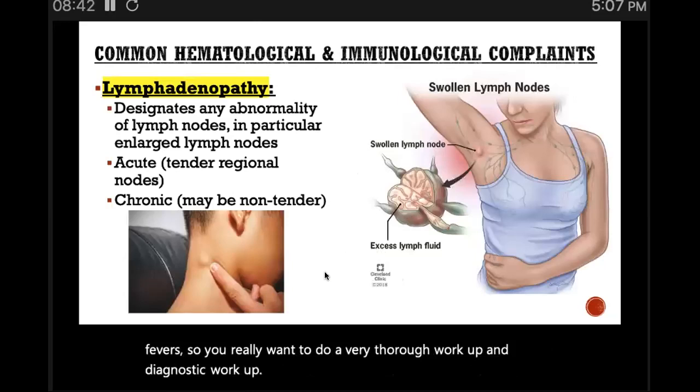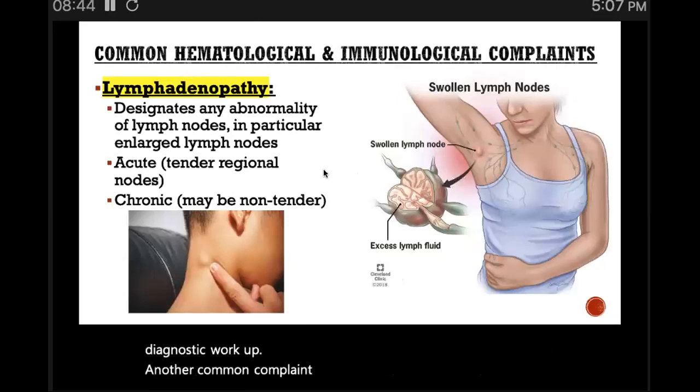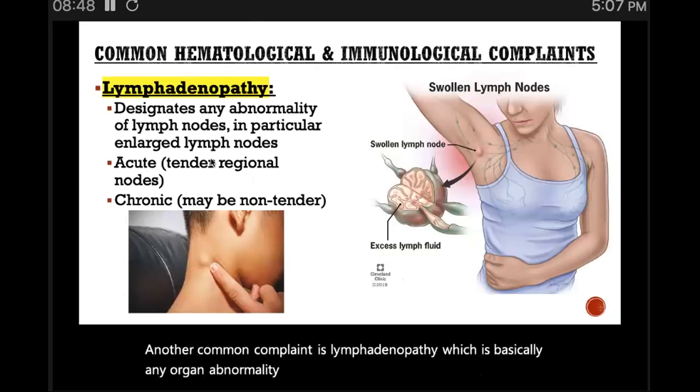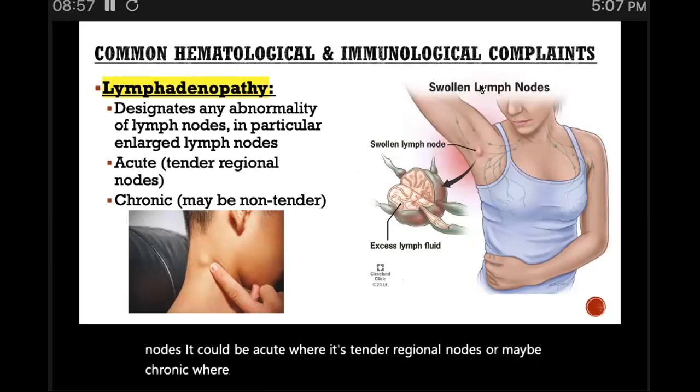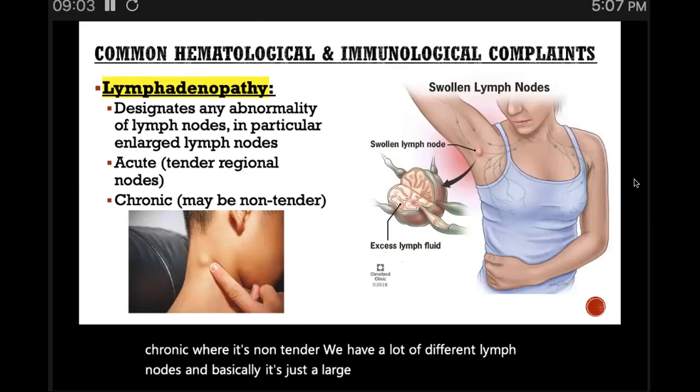Another common complaint is lymphadenopathy, which is basically any abnormality or swelling of any particular enlarged lymph nodes. It could be acute, where it's tender regional nodes, or maybe chronic, where it's non-tender. We have a lot of different lymph nodes, and basically it's just a large excess accumulation of lymph fluid in the area.